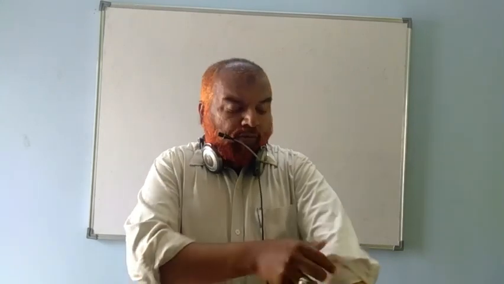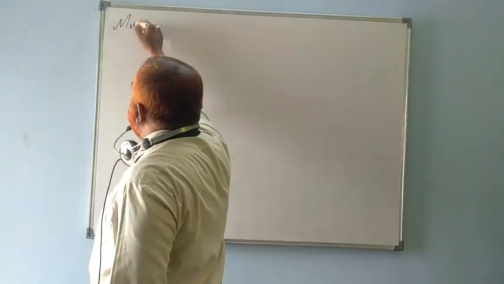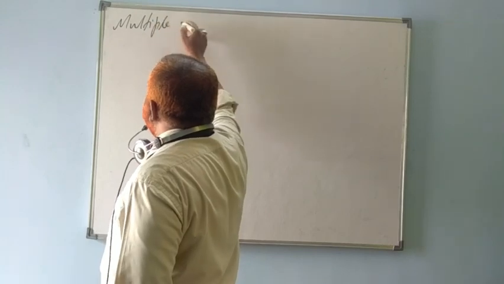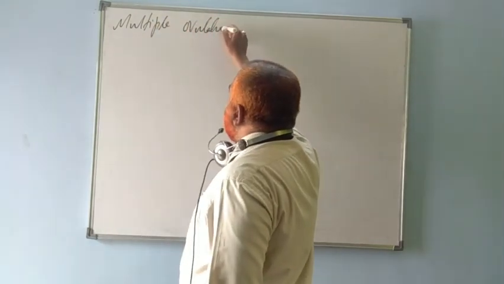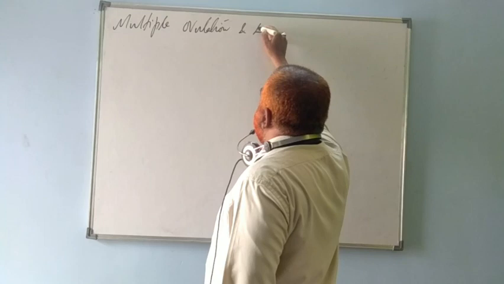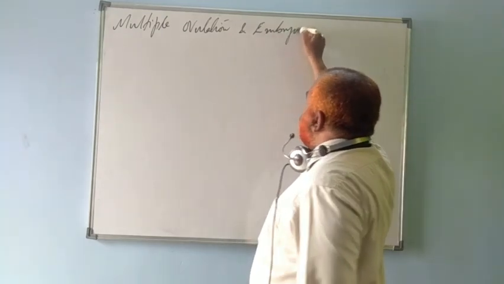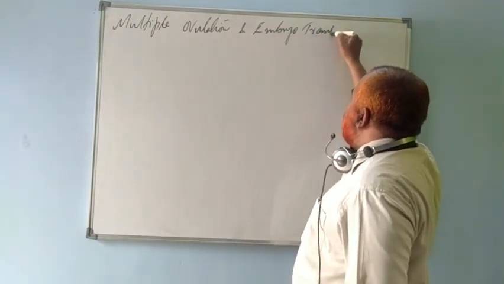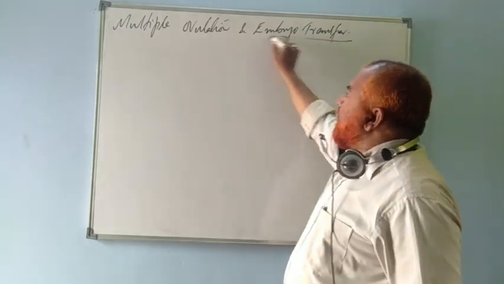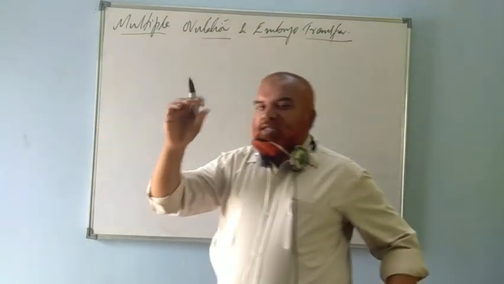Now, why do we call it multiple ovulation? Multiple means many. Multiple ovulation and embryo transfer are two techniques combined together in order to increase the size of the herd.